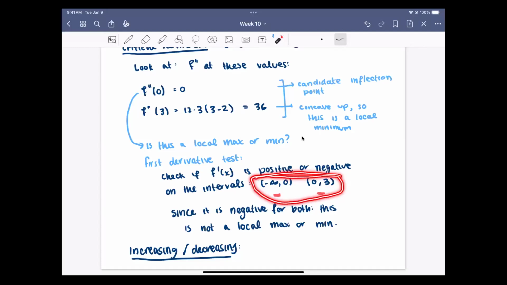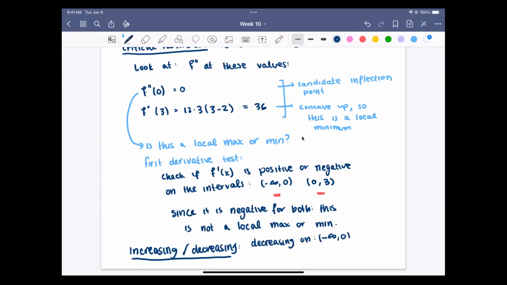The fact that the first derivative was negative on these two intervals. Yeah, so we know that the function is decreasing on those two intervals, negative infinity to 0 and 0 to 3.